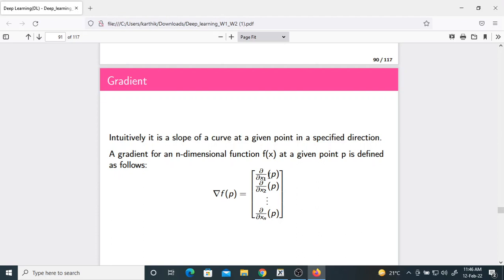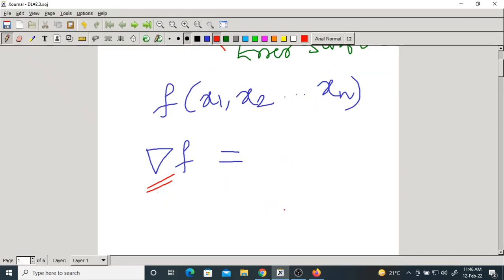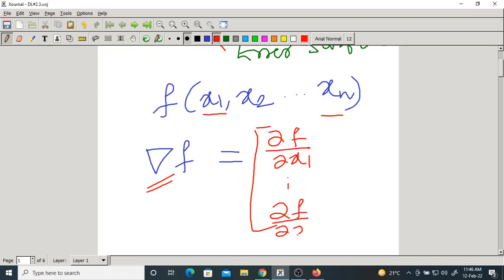We should take the partial derivative with respect to all the variables. Here we have n variables, x1 to xn. So you write in a matrix form: dou f by dou x1, so on, dou f by dou xn.